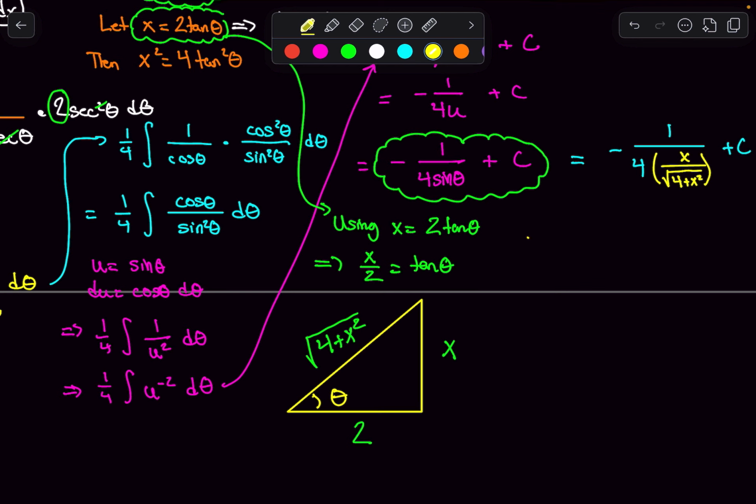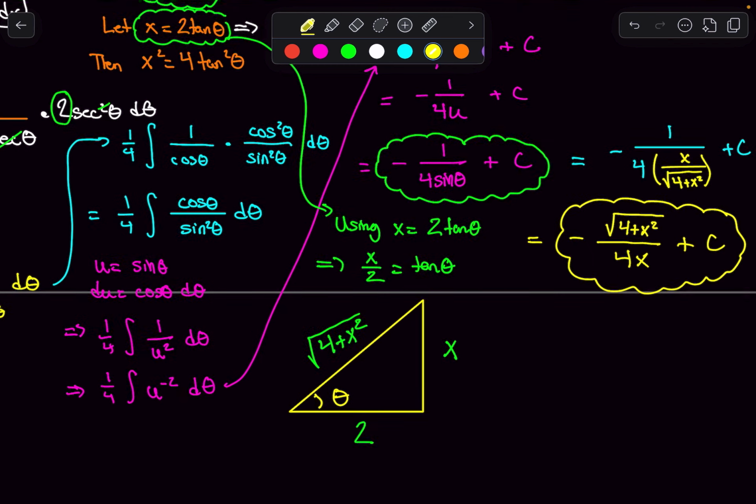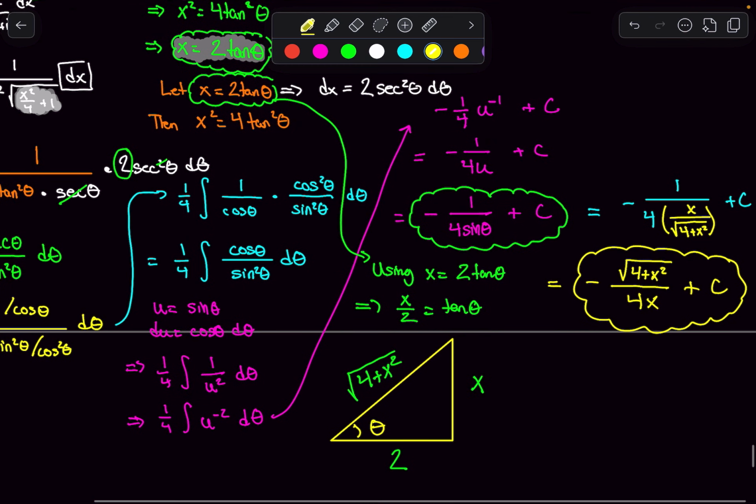And we can tidy this up a bit in the same way that we just did, which is dividing by a fraction is the same thing as multiplying by its reciprocal. So what do we have? We have negative square root 4 plus x squared over 4x, and then plus c as the dust settles for our absolute final answer, like so.